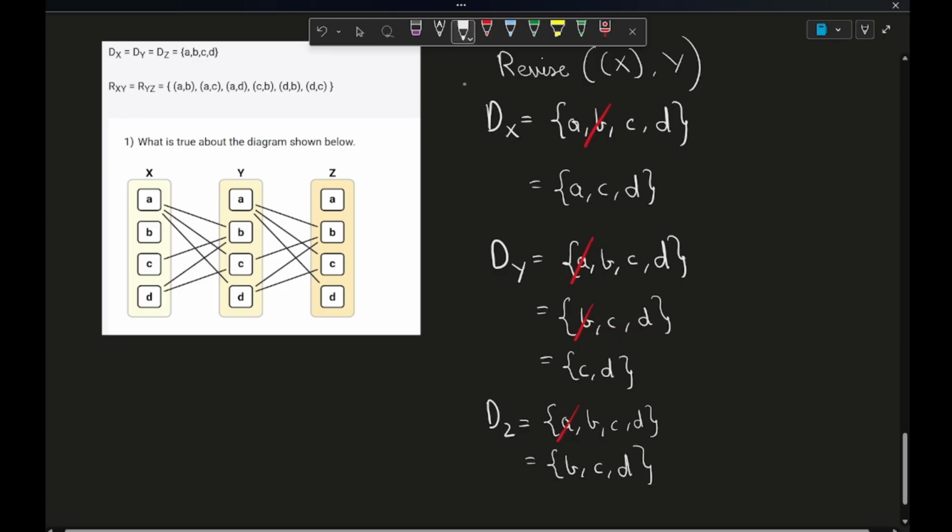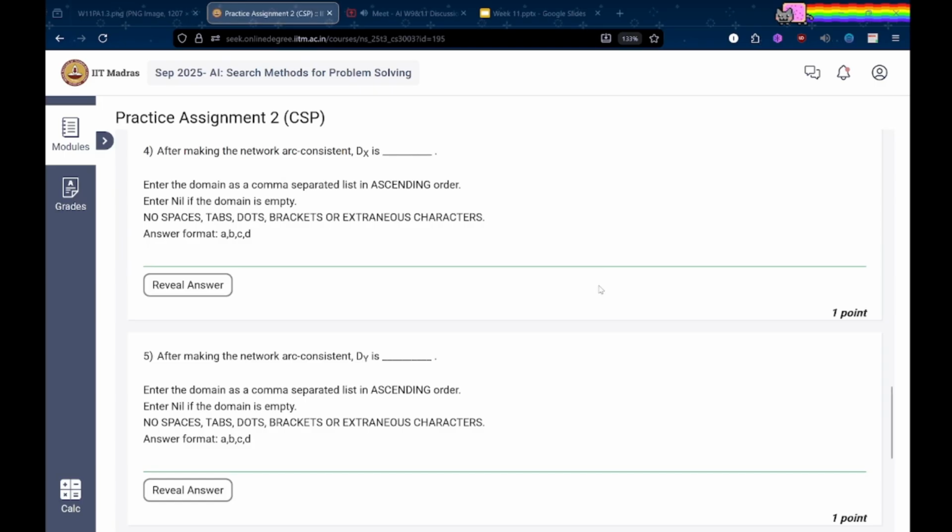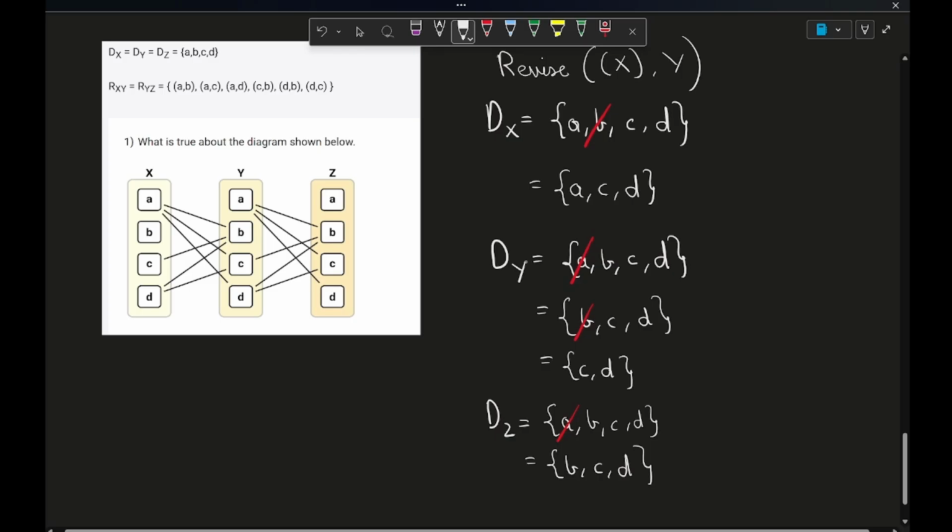Okay, so now the entire network is arc consistent. And after making the network arc consistent, DXY is... we missed one thing. Yeah, after removing B from Y, C from X will go away.